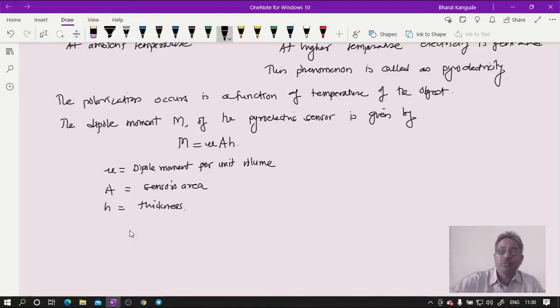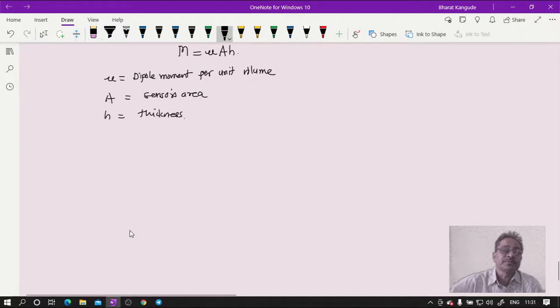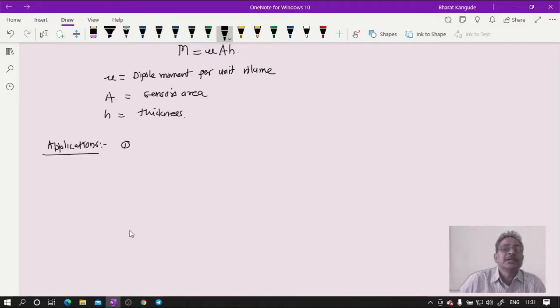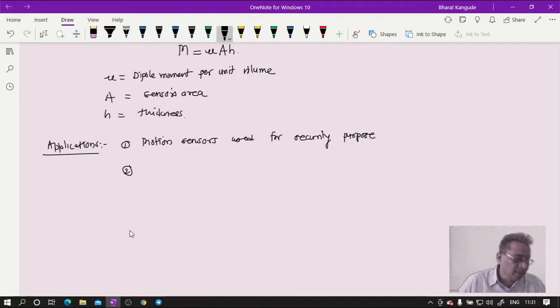Okay, and now let's go for the final thing, that is applications. So the first application is, as I said, motion sensors used for security purposes. Then the second important application is medical infrared thermometers.